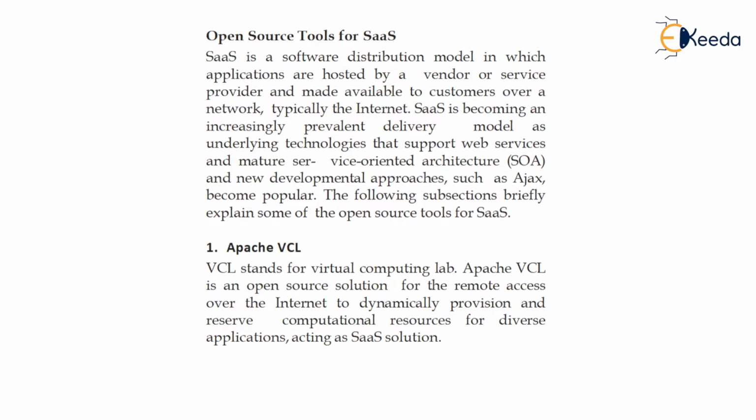VCL has a simple architecture with four main components, and those four main components are web portal, database, management node, and compute node. Let's discuss these components, which are part of VCL. The first component is a web server.